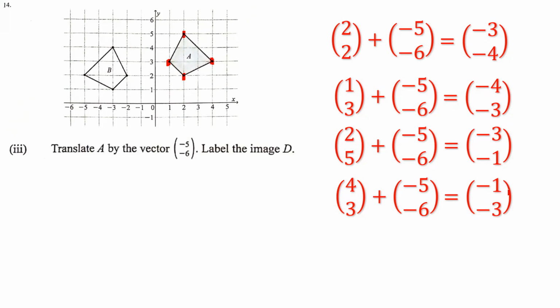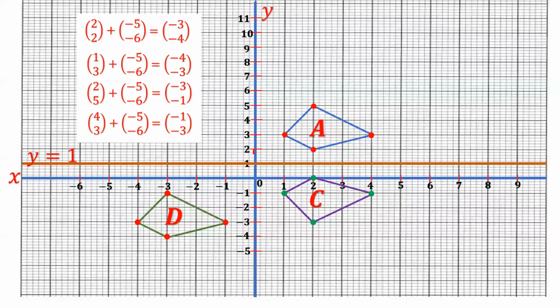Our image, we're going to label D, right? So these are going to be our points, and so let's apply it. We have -3, -4, so that's that point right there. Then we have the point -4, -3.